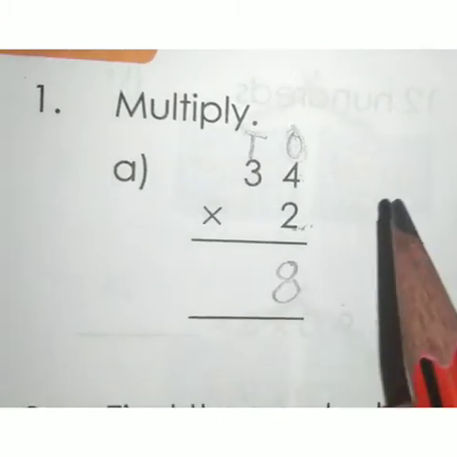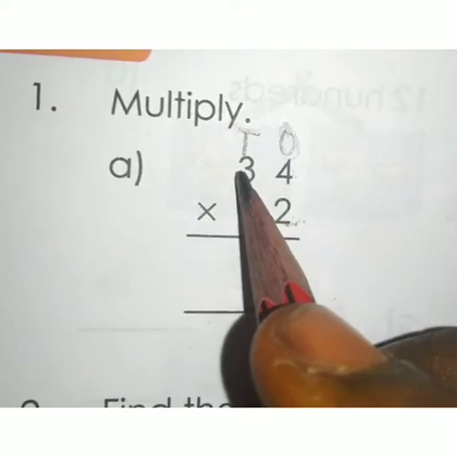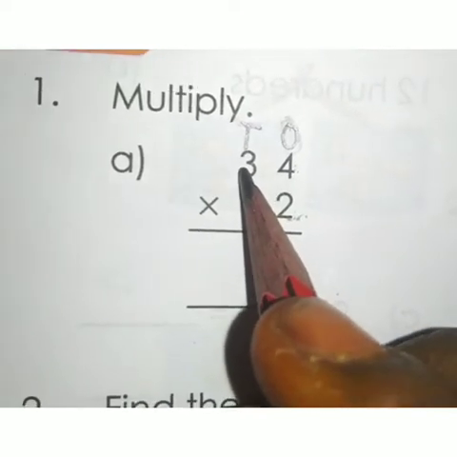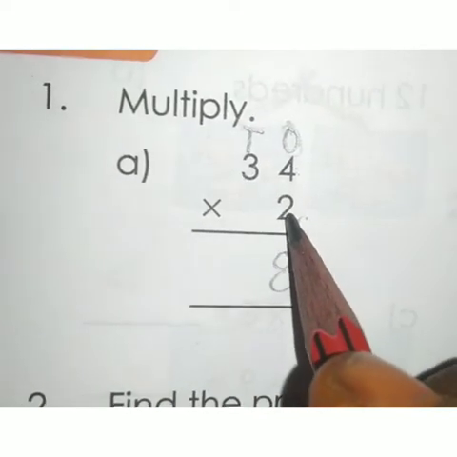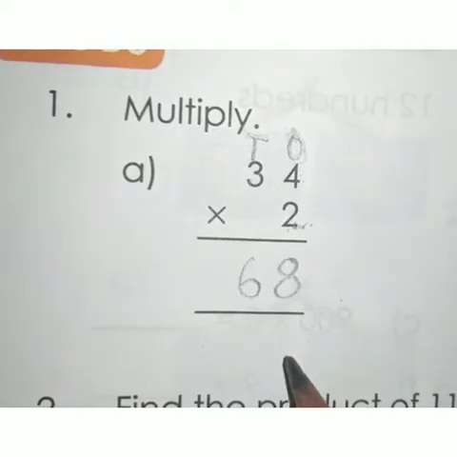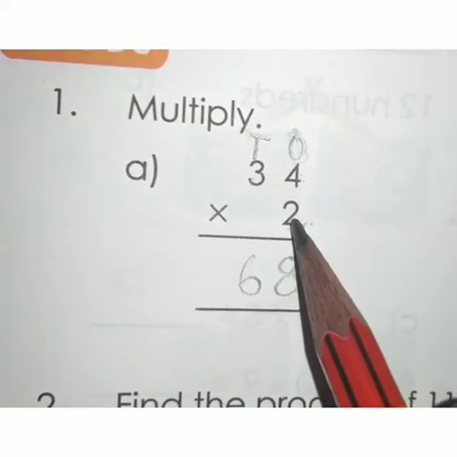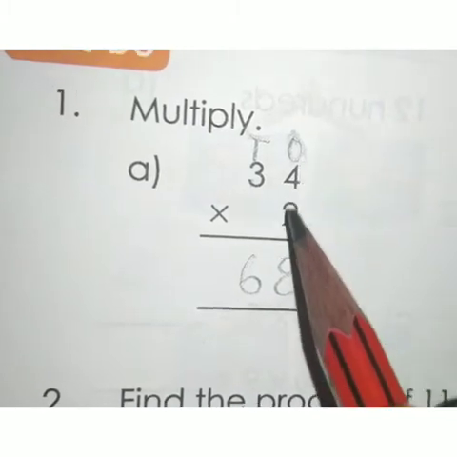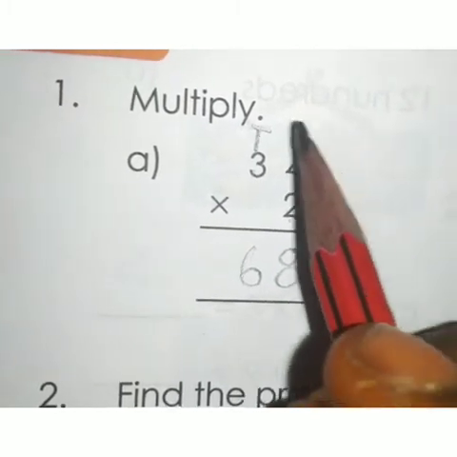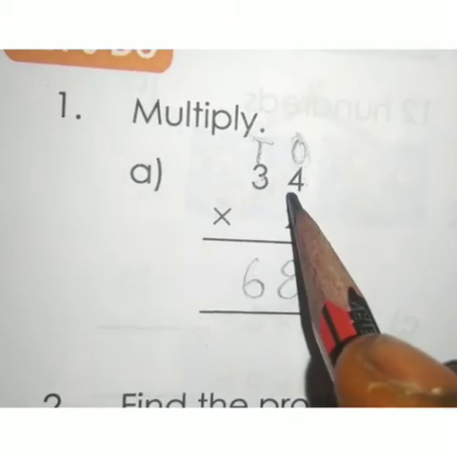Then go to tens place. 3 into 2, 2 threes are 6. We get the answer as 6 in tens place. Therefore, by multiplying 34 with 2, we will get the answer as 68. 34 into 2 equal to 68.